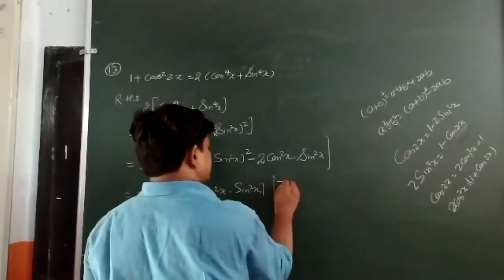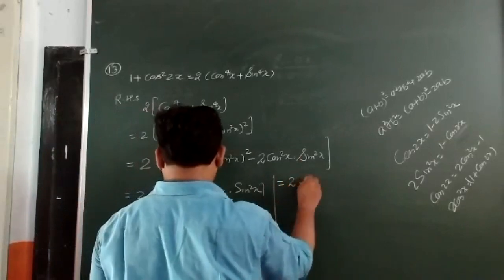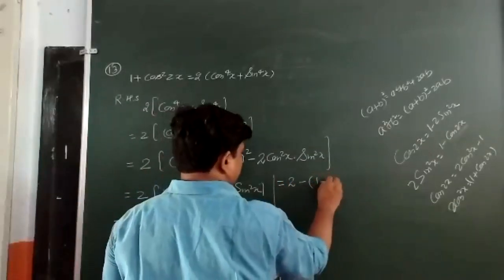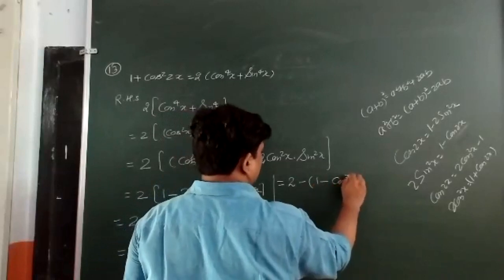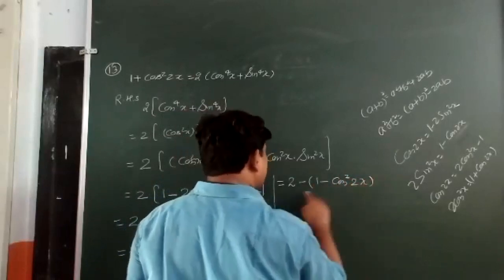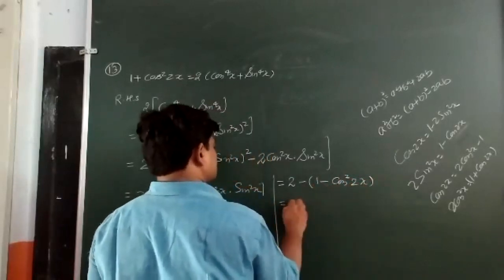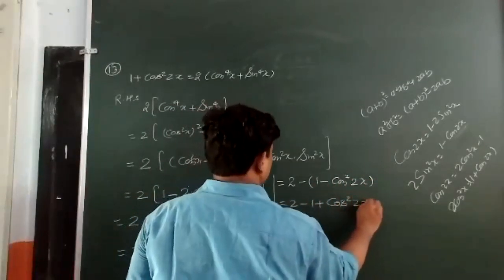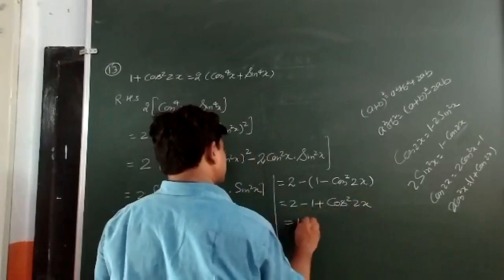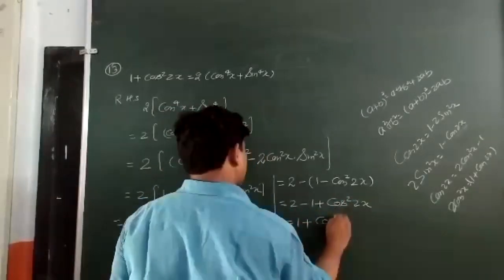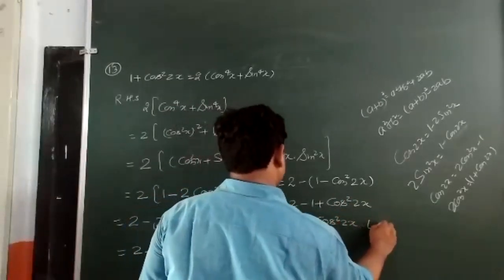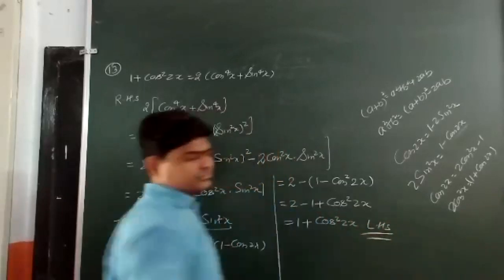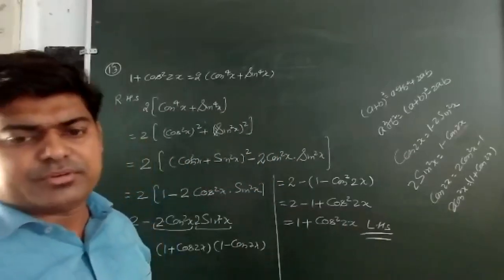Our next line is 2 minus (1 minus cos square 2x). When I remove the bracket, it is 2 minus 1 plus cos square 2x, and 2 minus 1 is 1. This is 1 plus cos square 2x, the left hand side, what we wanted. Anyone have any doubt here?